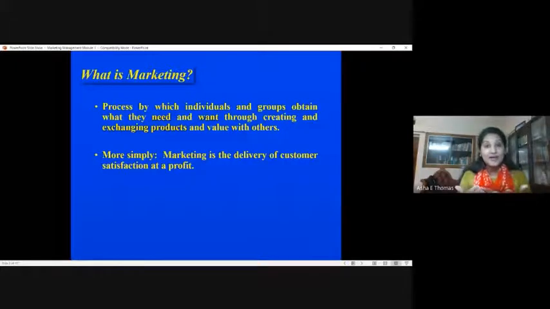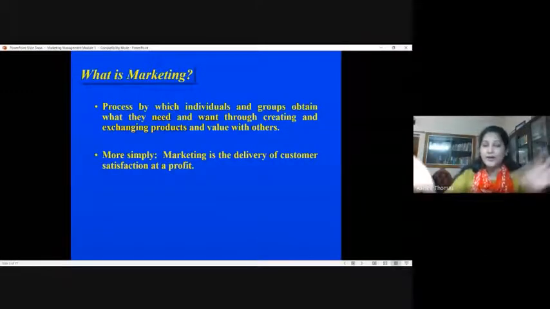Value is the money. Suppose I have to obtain a pen, priced at 20 or 25 rupees. When I go to a shop, sometimes I may not look closely if it is very minimal. We just see whether it is writing, whether it is from a good brand. Yeah, we buy it.